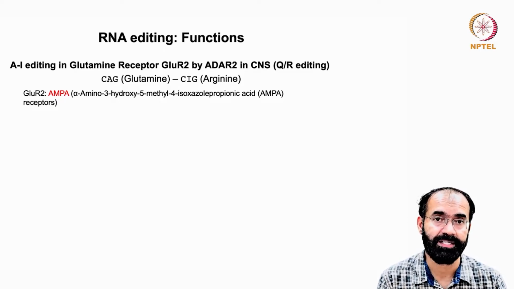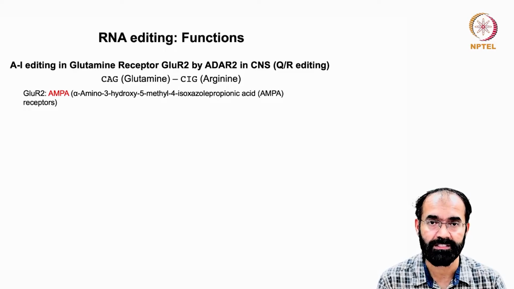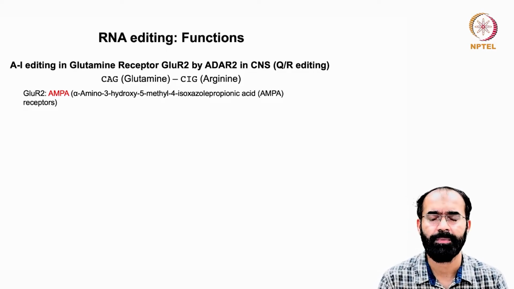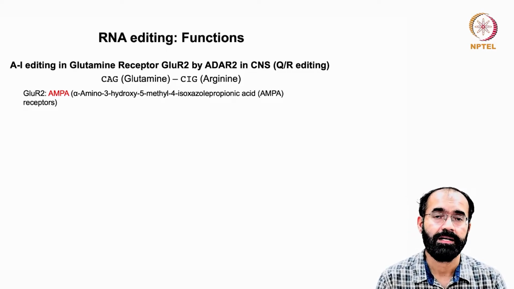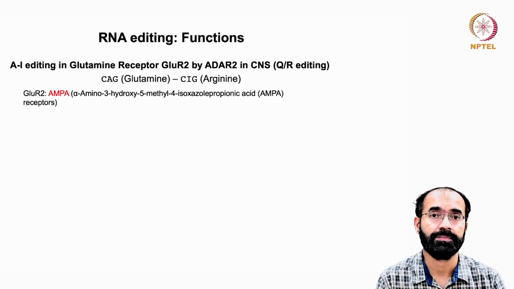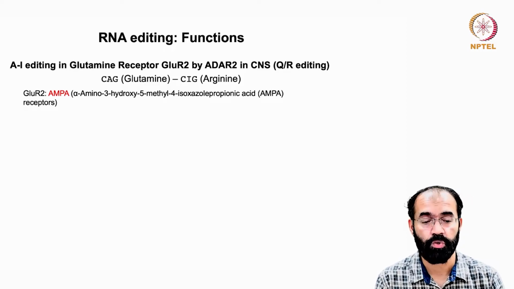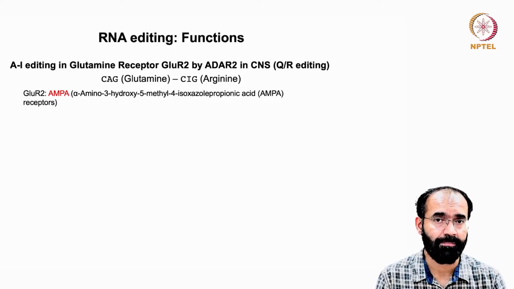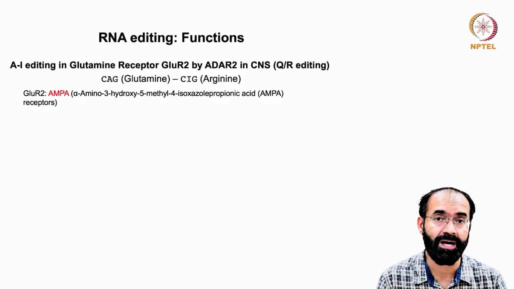But the endogenously produced neurotransmitter that binds is glutamate, which is derived from the amino acid glutamic acid. Many amino acids are used to create derivatives that can act as neurotransmitters. Those glutamate receptors that have a high affinity for the chemical AMPA, we call AMPA receptors.